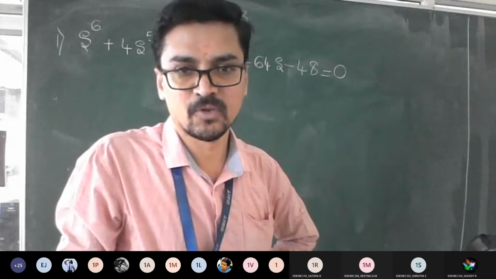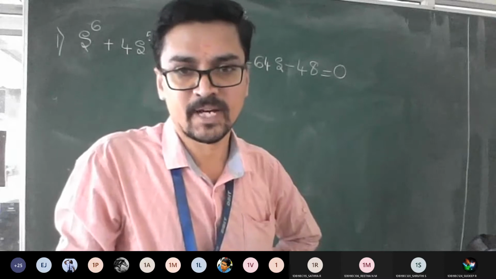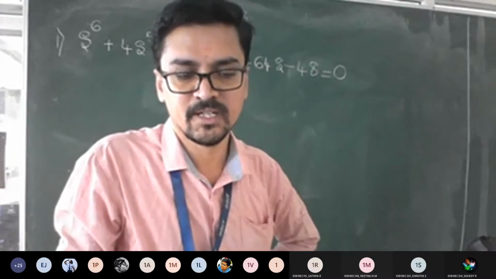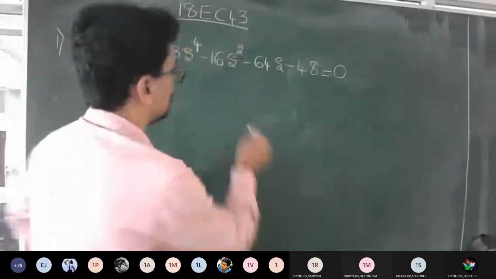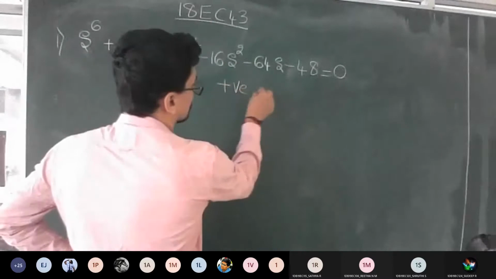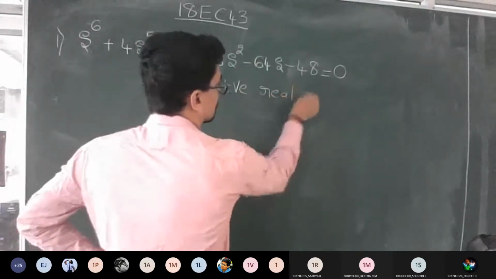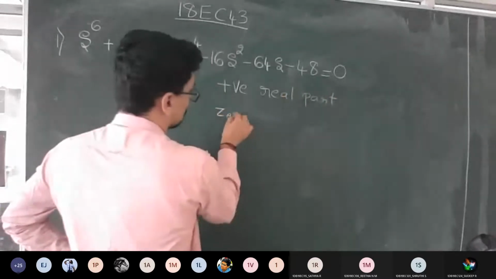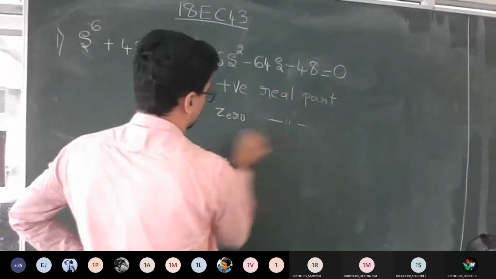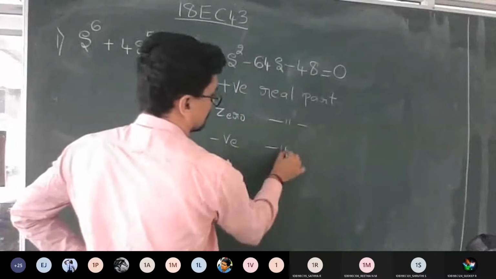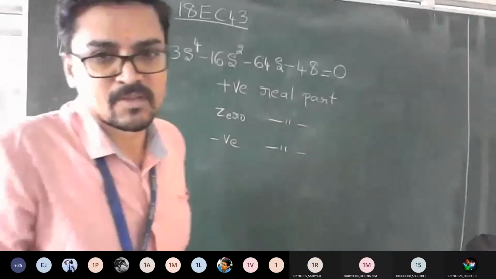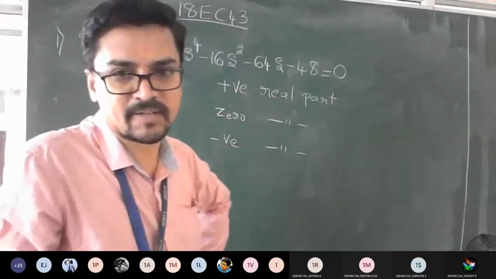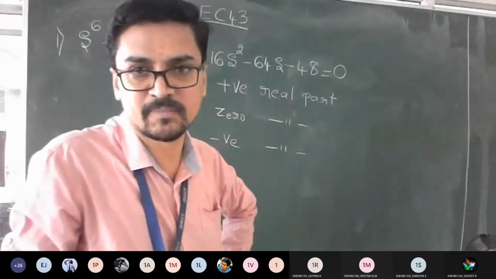Find the number of roots for the above equation with a positive real part, with a zero real part, and with a negative real part. It's a 10 marks question. This is an extra thing you're supposed to calculate apart from the things you learned in the previous class.